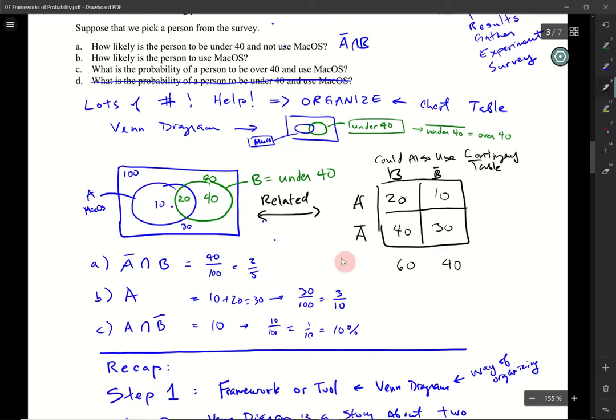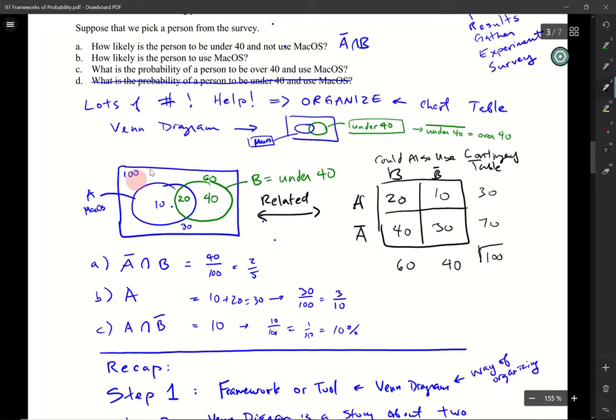Okay, so then we go 30 and 70, and then the whole thing should add up to be 100. So whether you add it up this way or this way, this bottom corner one should be the same, right? So if this is 30, that's 40, this is 60, and that's 40, so then it works out.